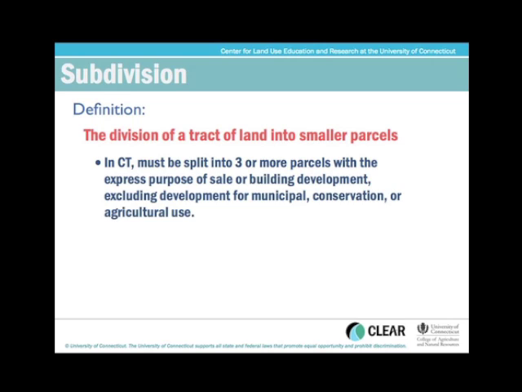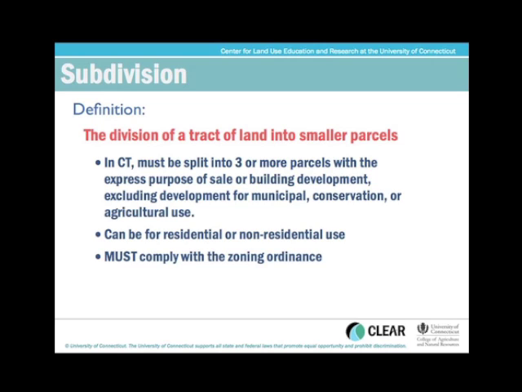You can have both residential subdivisions and non-residential subdivisions. You can have an industrial subdivision or a commercial subdivision. We generally think of subdivisions as houses, but it doesn't necessarily have to be just houses. Another element of subdivision regulations is that they must not be in conflict with the zoning ordinance, and we'll look at zoning next or later in the zoning commission.